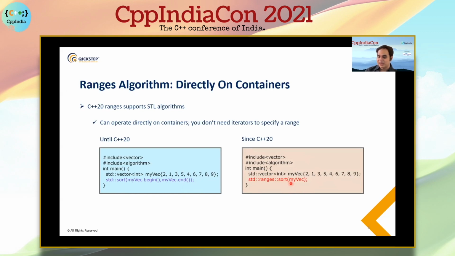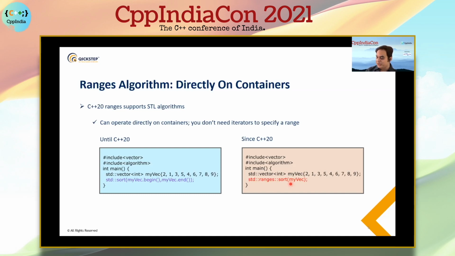I need not think or take care of what kind of iterator I have to pass. If I want to sort a range or a vector, I can simply pass it on to the algorithm, and it will just give me a sorted output.